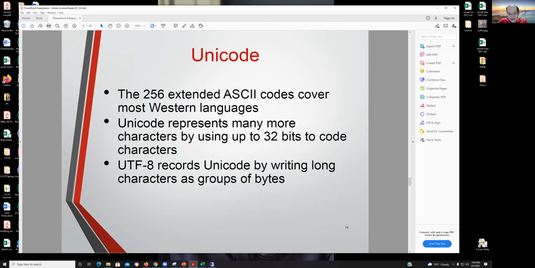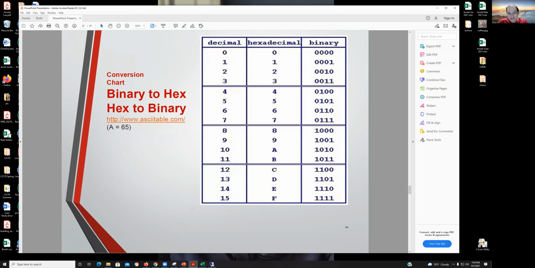When you want to get into non-Western languages, you have more characters to pick up. So Unicode extends this and gives you more combinations so you can have a mapping to other languages essentially.